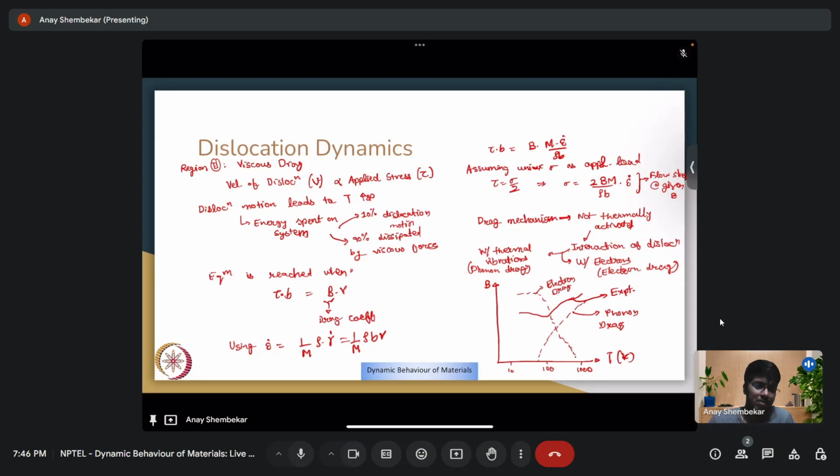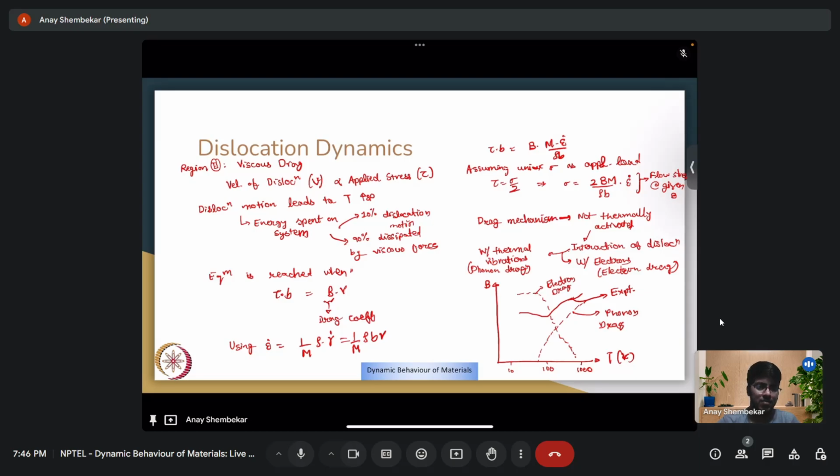So here you can see that as temperature increases, the electron drag component decreases, which means they're not moving around as much as they would at low temperatures. And that no longer causes as great a resistance to dislocation motion. The other part is the phonon drag.